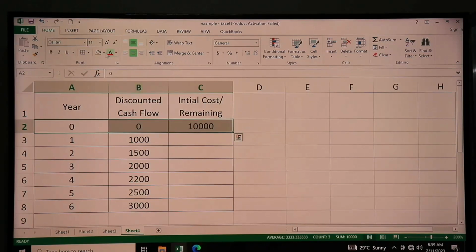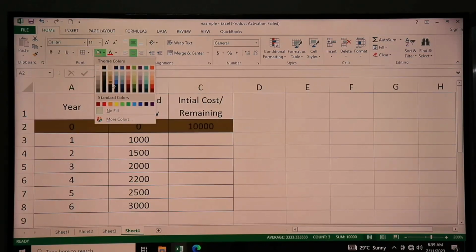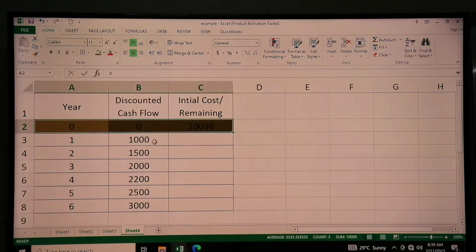During that time of investment, that is what we put, the initial investment. But now the first year, the discounted cash flow was 1,000. That is, our investment brought a profit of 1,000.